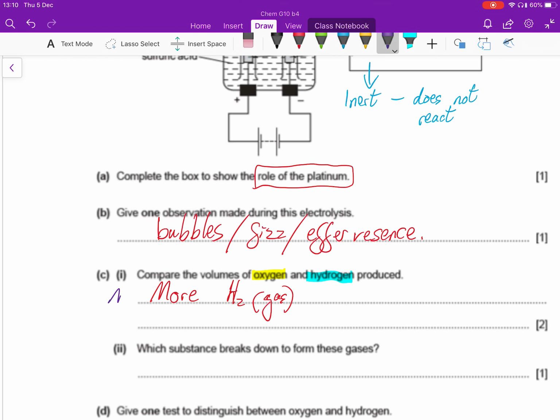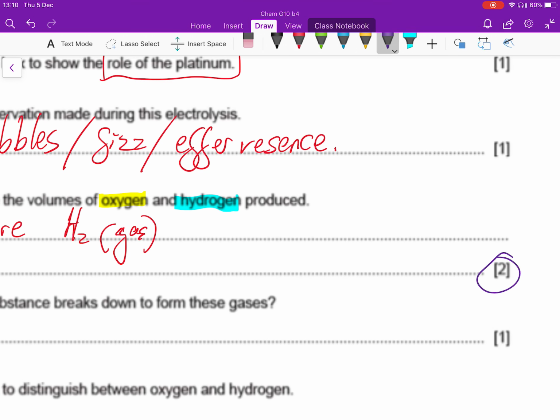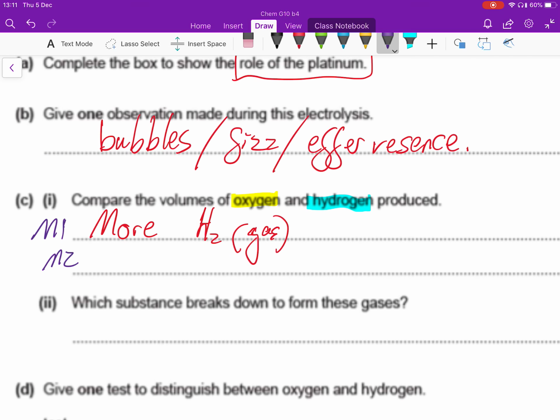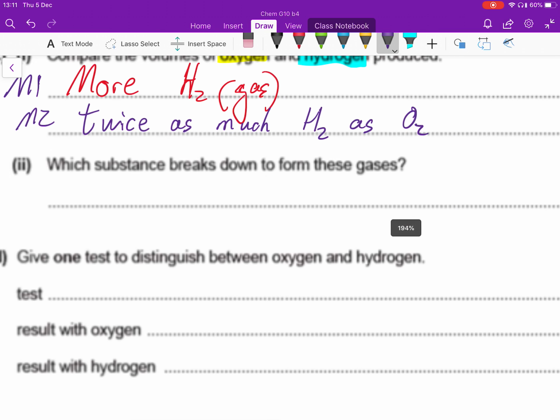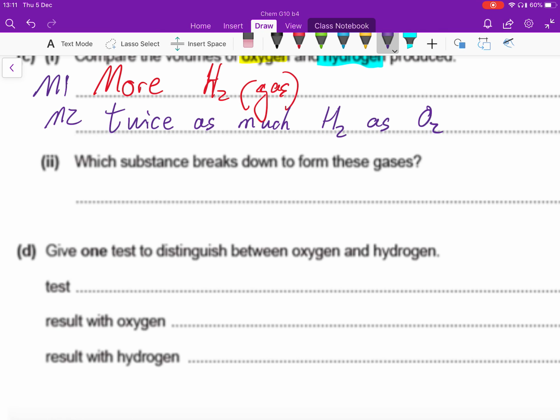But then for the second mark, because a good exam technique is to check how many marks it is worth, you should be saying that there is twice as much hydrogen as oxygen.